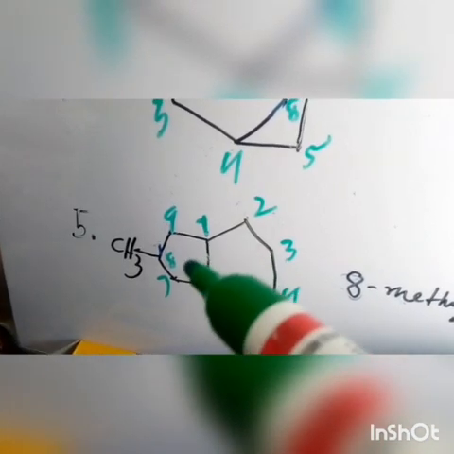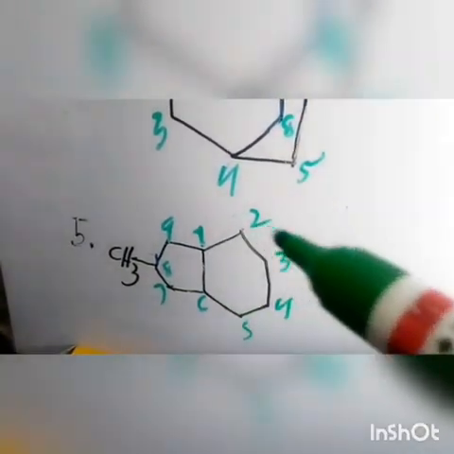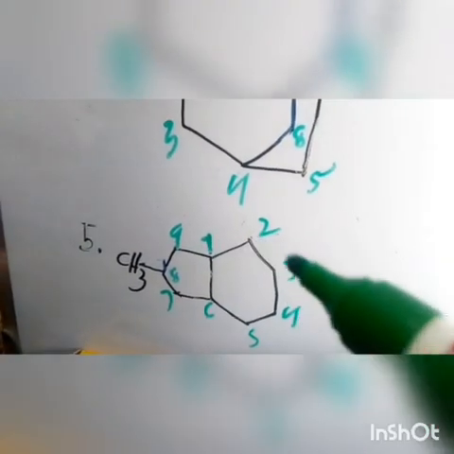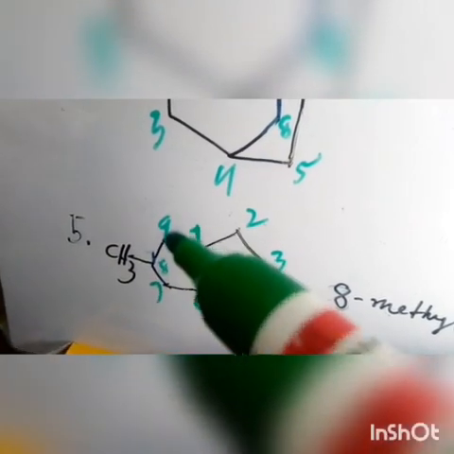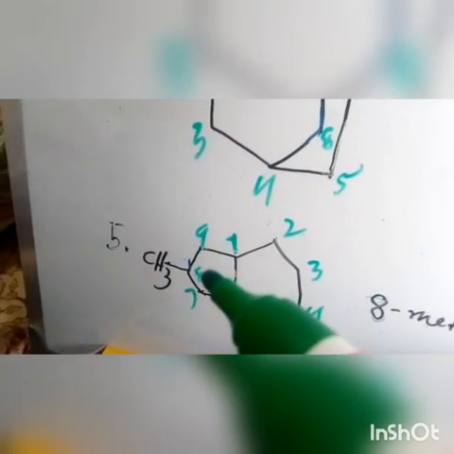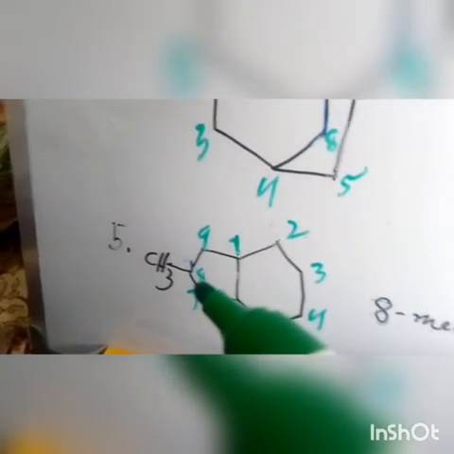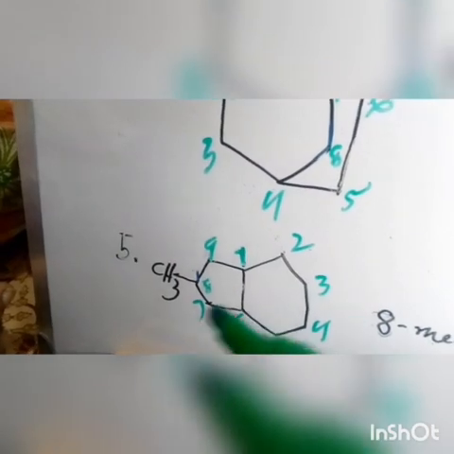This chain contains more carbon atoms than this chain, so we should start from this side: 1, 2, 3, 4, 5, 6, 7, 8, 9. 8-methyl substituent. So its name would be prefix 8-methyl, within bracket 4 3 0.